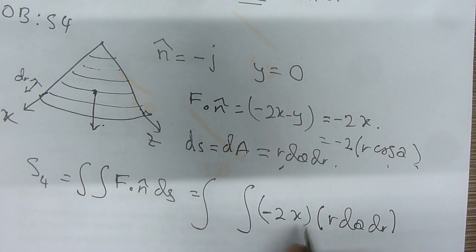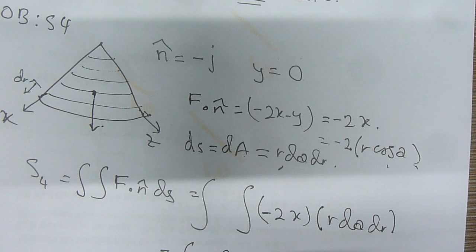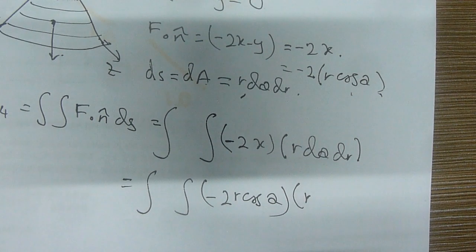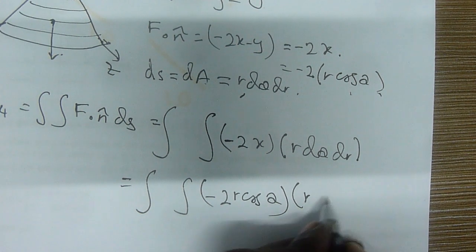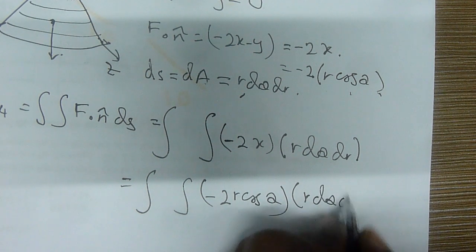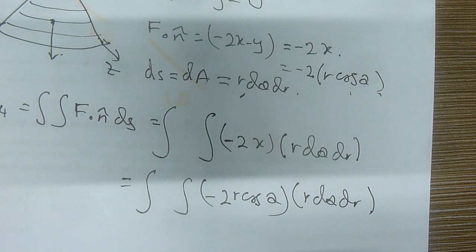And what is x? Bringing this inside, negative 2 r cos theta times r d theta dr. I'm moving very slowly, you know.